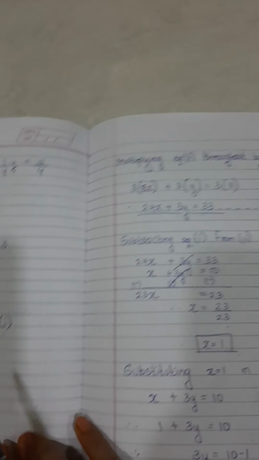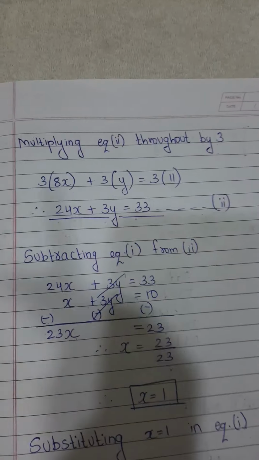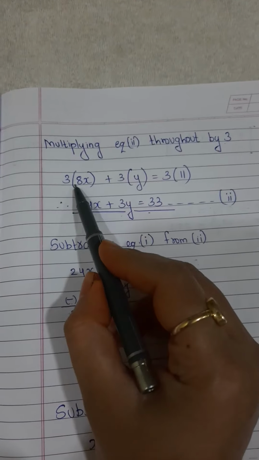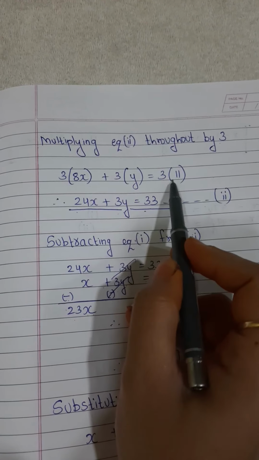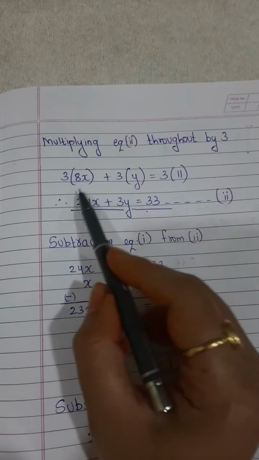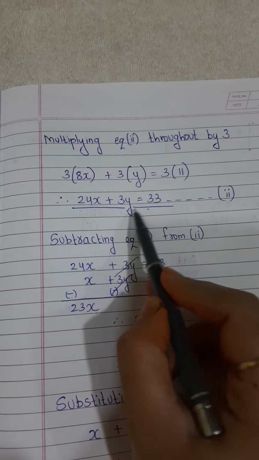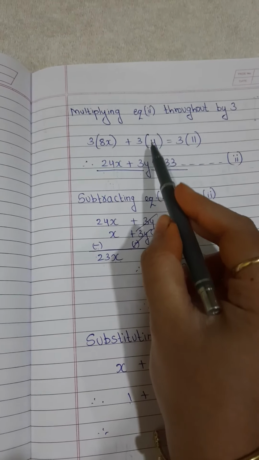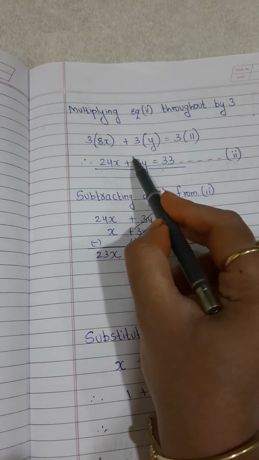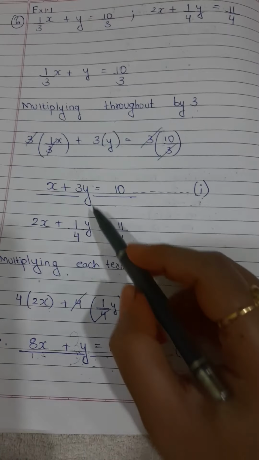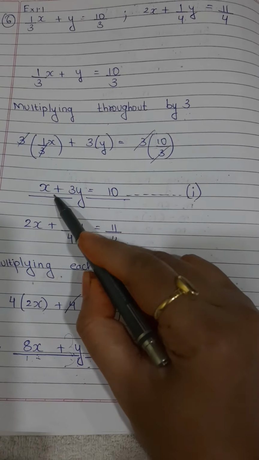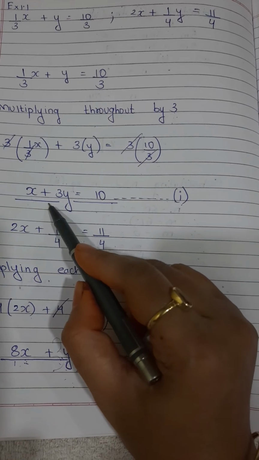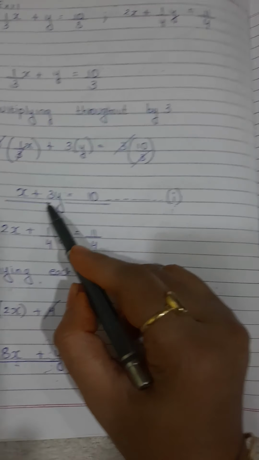So our next step is multiplying equation 2 throughout by 3, and when we multiply each term of equation 2 by 3, we get 24x plus 3y equal to 33. Now we will subtract, students, because this 3y and this 3y have the same sign, and in the last video we have studied same sign means subtraction.